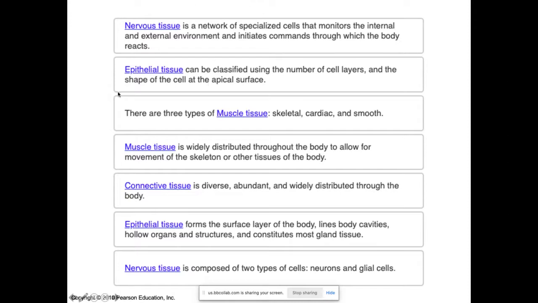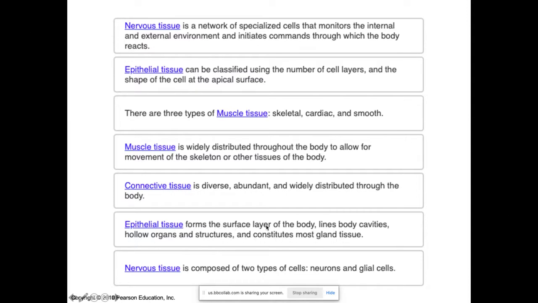Okay. Let me skip down to the bottom here where it said epithelial tissue. Epithelium forms the surface layer of body. It lines the body cavities. It's found in hollow organs and structures, and it constitutes most gland tissue.